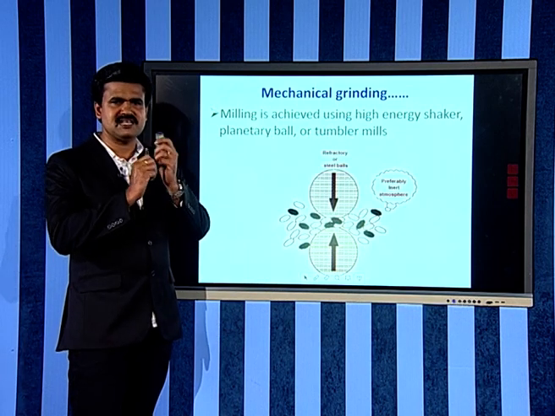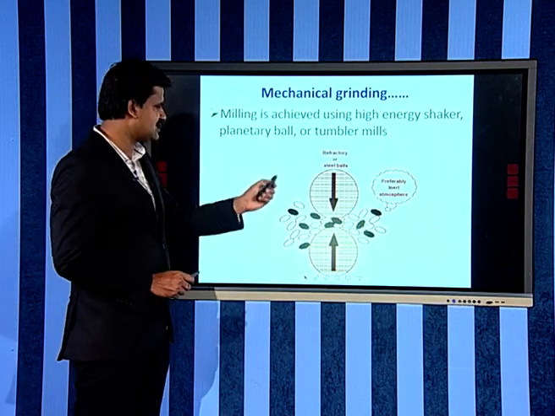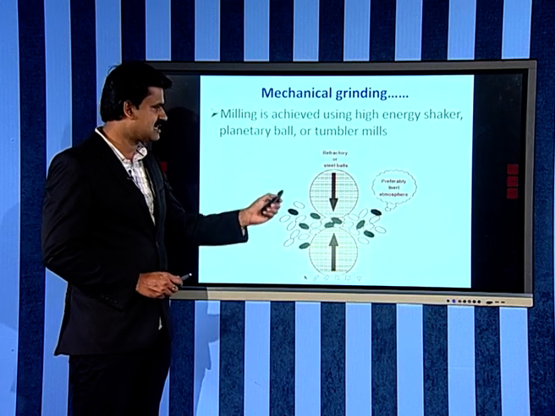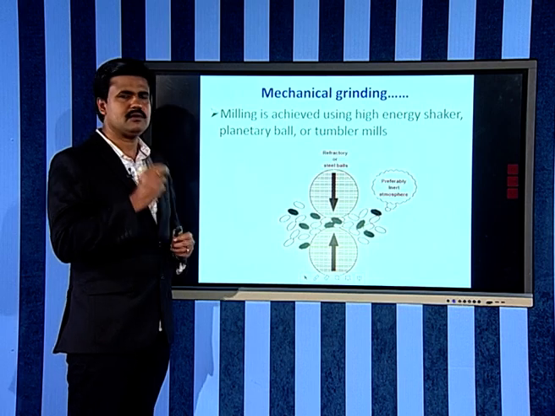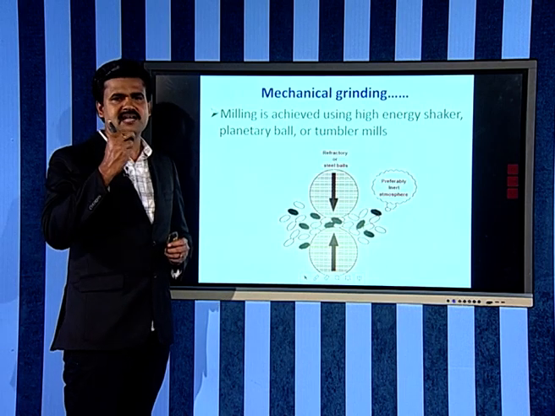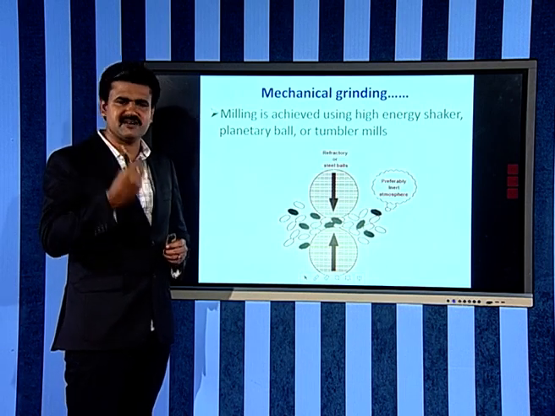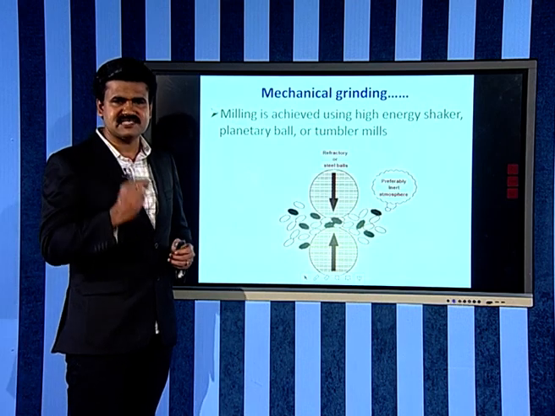As a result of the rotation of the steel balls, the bulk material is converted to fine powders, and the powders are then converted to nanoparticles of desired size.